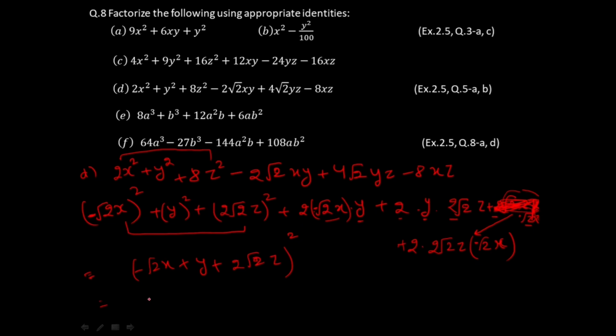So the answer is negative root 2x plus y plus 2 times root 2z. First, because this is 2 times, write it 2 times. Root 2x plus y plus 2 times root 2z. That is the final answer.